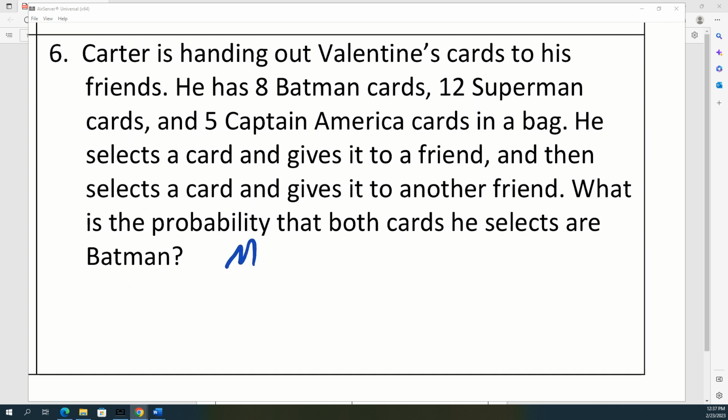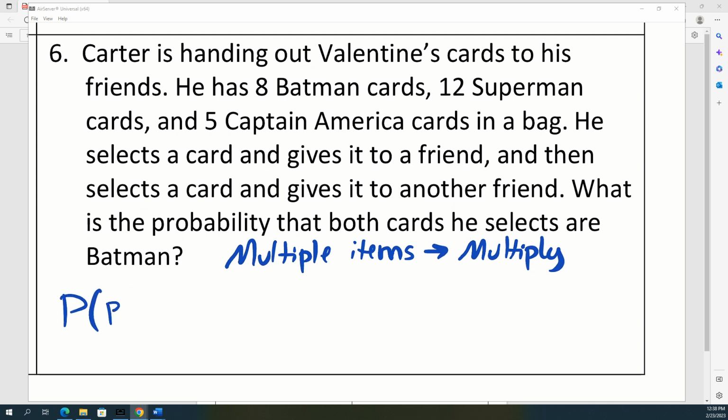That's multiple cards, and multiple cards or items means to multiply. So we're definitely going to multiply. So we want the probability of a Batman and then another Batman. And I know I'm going to multiply my probabilities together.